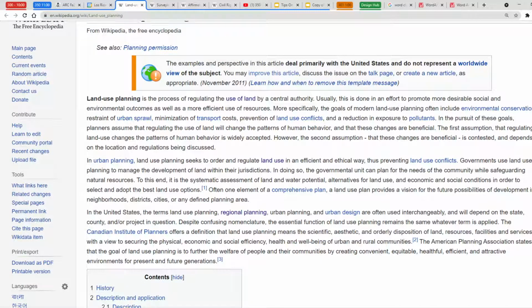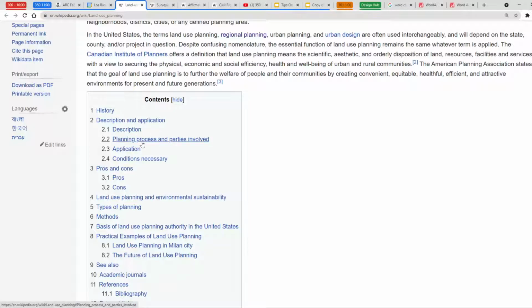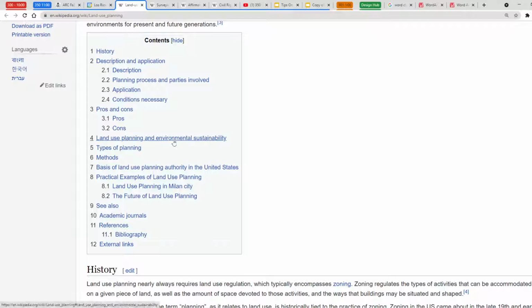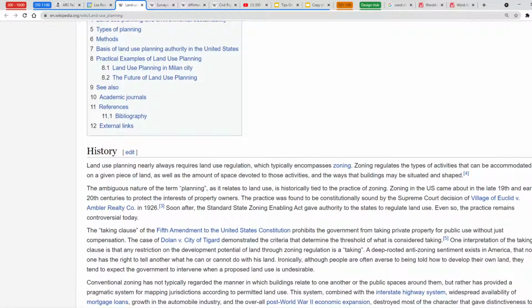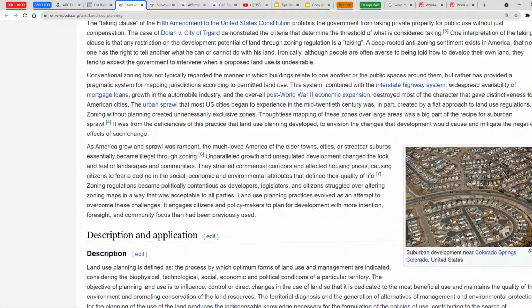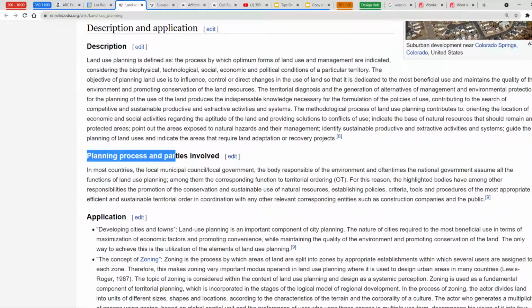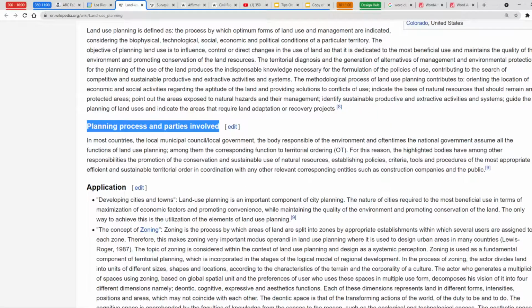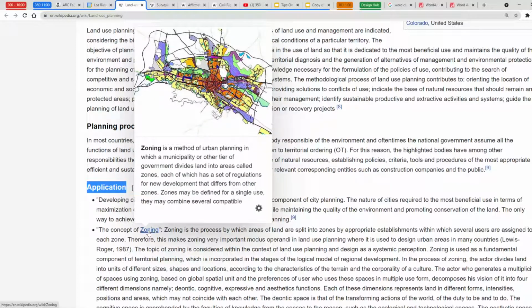As you do it, you should just this week be looking at land use planning. There's a planning process. There's environmental sustainability. So you're just kind of looking through here and getting some stuff. Looking at suburban development, this is what I'm talking about, you're just kind of going through it. It applies to cities and towns. There's something called zoning.